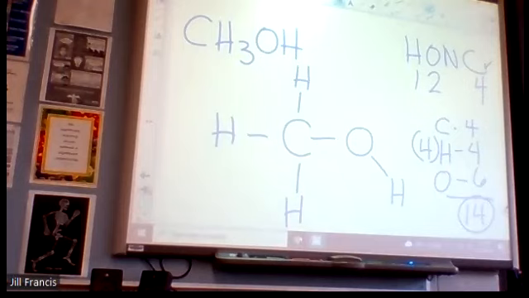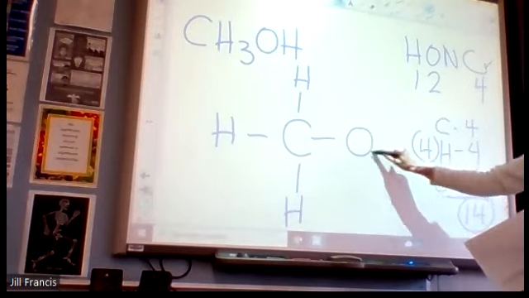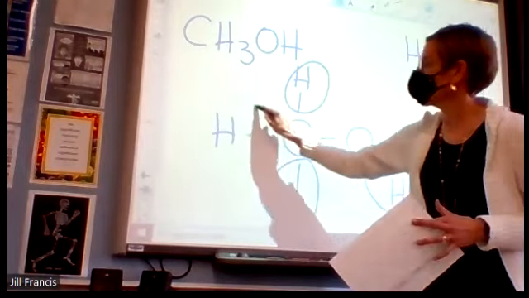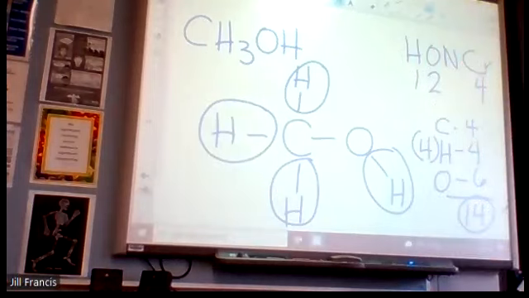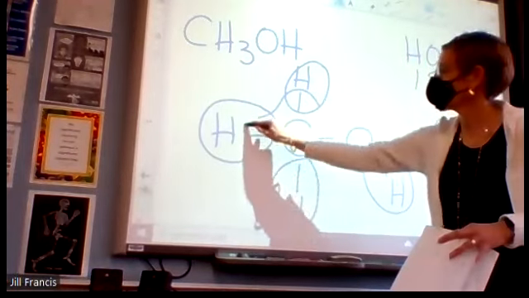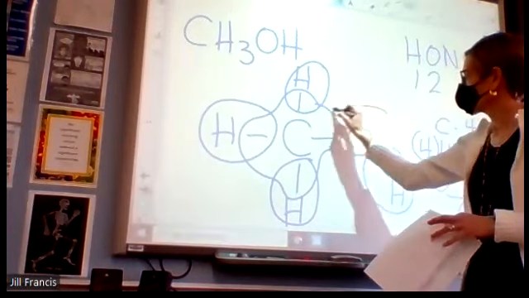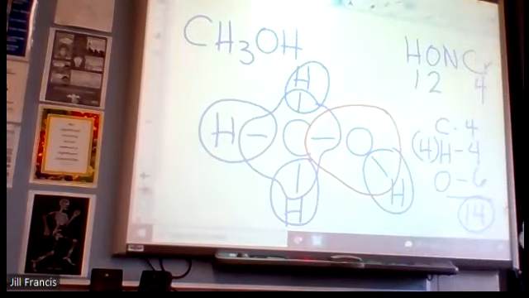So what I usually do is start drawing my circles to see where I'm missing something. Again, usually start with hydrogen because as long as there's a bond there, those are all set to go. And then carbon has the 4 bonds, so we know carbon is good to go. So what we're missing has to be with our oxygen here. We only have 2 bonds, so we only have 4 electrons with our oxygen, and we need 8.